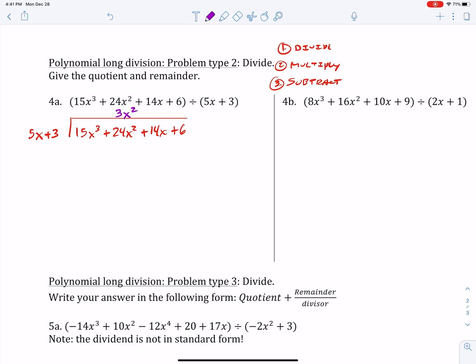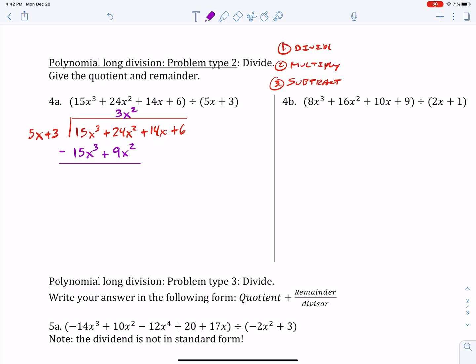So I just divided 15x to the third by 5x. I'm going to now multiply the 3x squared by the 5x. That gives me 15x to the third. 3x squared times a positive 3 gives me a positive 9x squared. That was step 2. Step 3 is to subtract.